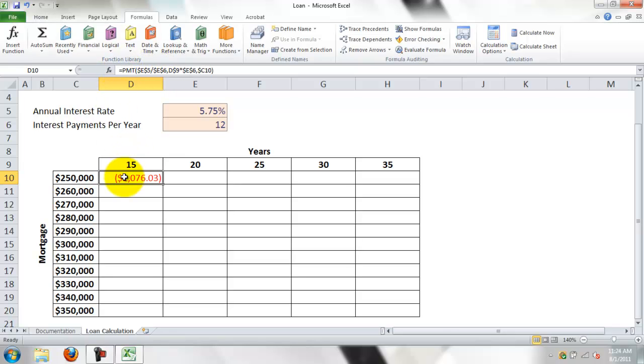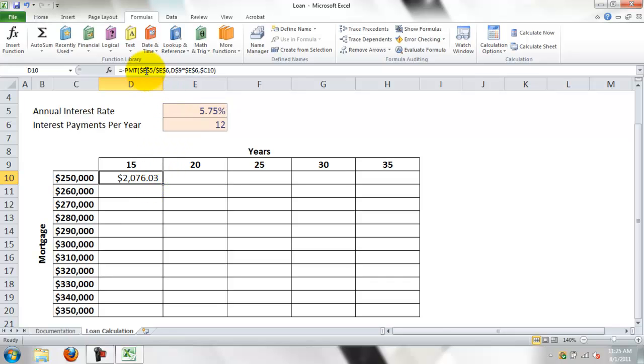I still have D10 selected. And in between the equal sign and the P, I'm going to type a minus sign and hit enter. All that did is it took whatever Excel displayed and made that a negative value. Since it was a negative already, negative times a negative is a positive. So that's why I put a negative value there.